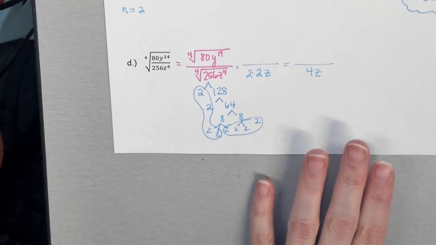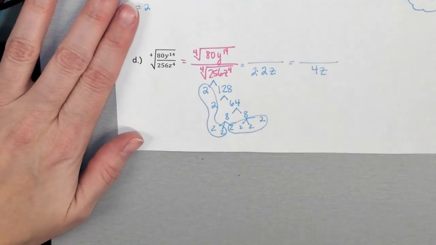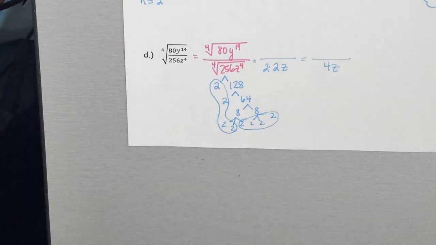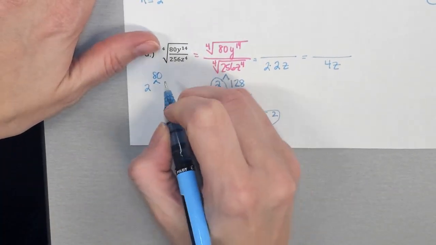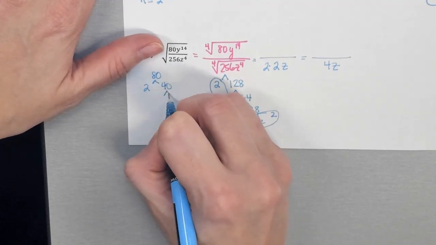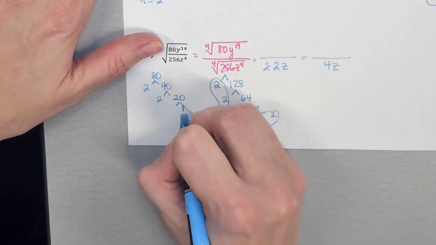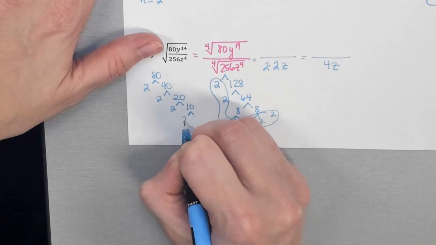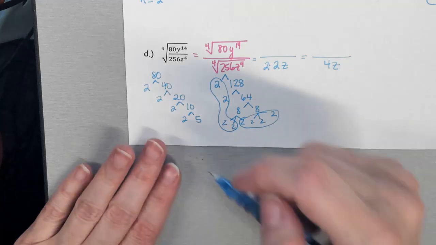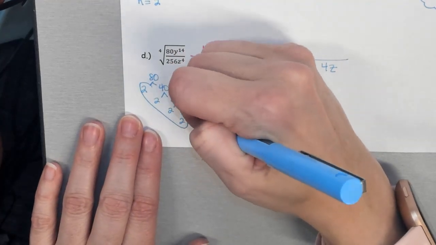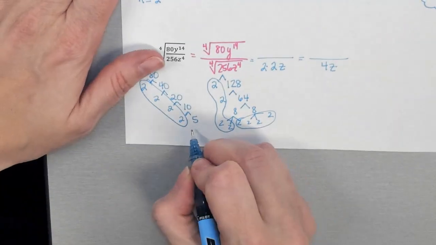Okay, so this is why I wouldn't reduce it first, is because it is going to simplify. All right, and then we're going to do the factor tree for 80. So if we break down 80, again, I like to start with the 2's. It's really so that I can keep track easier of my group of 4. Because then I can just say, oh, yep, here's my group of 4. What do I have left over?